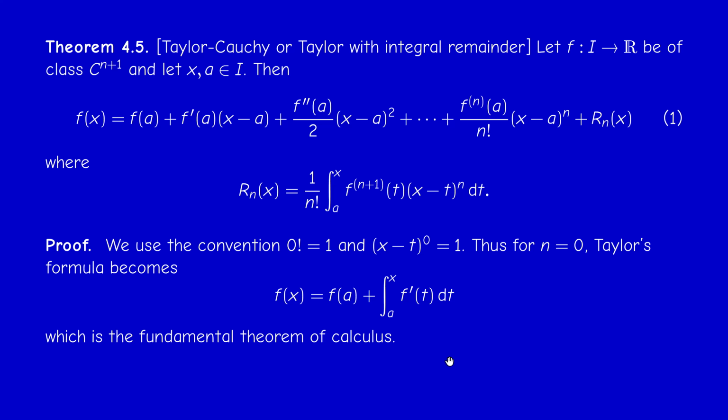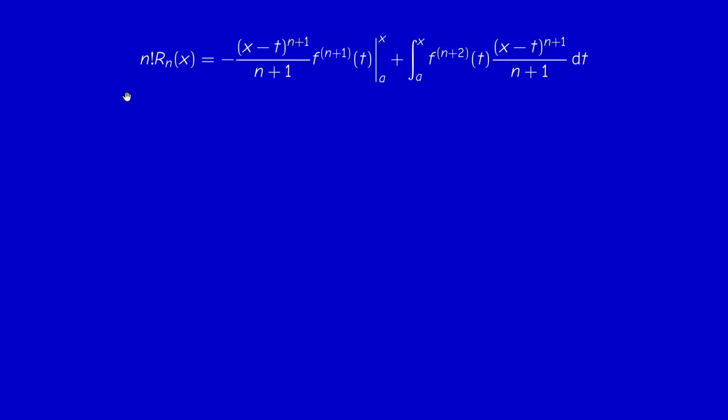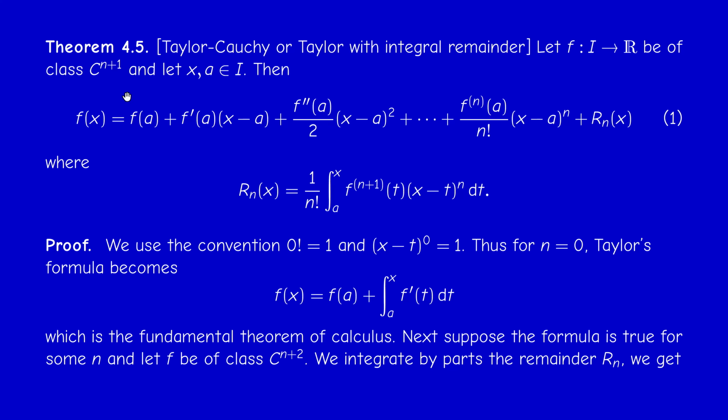Okay, so now suppose that the formula holds for some n, and let us prove it for n plus 1, but provided that now f is of class C^(n+1). So it's very easy. I take the remainder and integrate it by parts. Okay, so just first to make things clear, multiply by n factorial just to simplify the notation, and integrate this integral by parts.